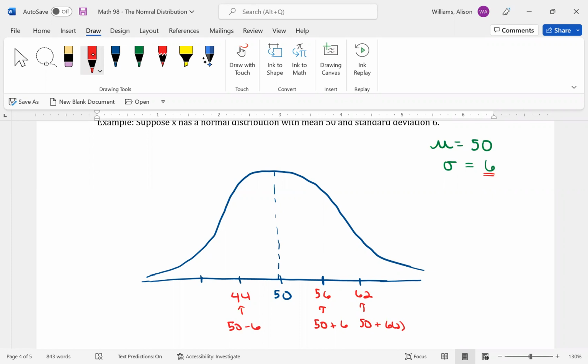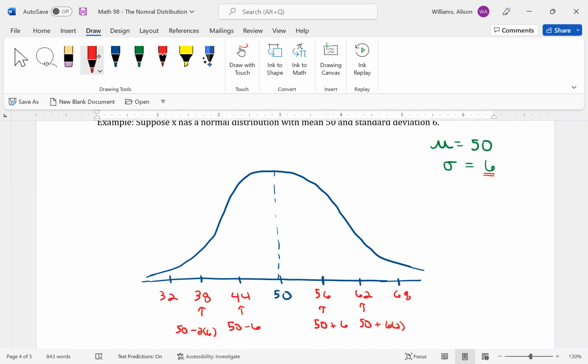And then I'm going to subtract 6, so that's going to be 38. That's subtracting 6 twice from 50. And then I'm going to add 6 one more time, 3 standard deviations. Adding 6 one more time gives me 68. Subtracting 6 one more time gives me 32.